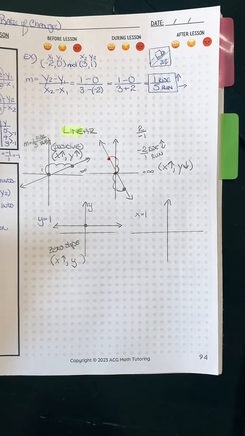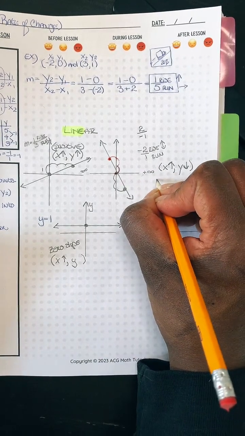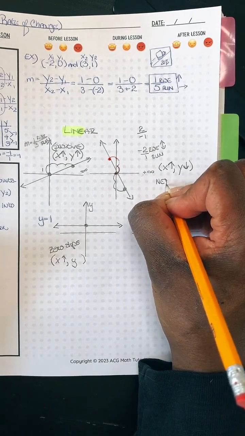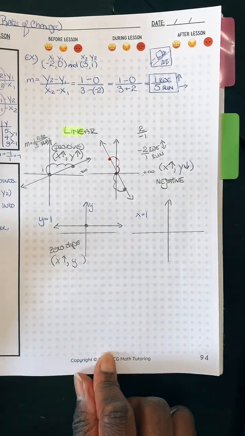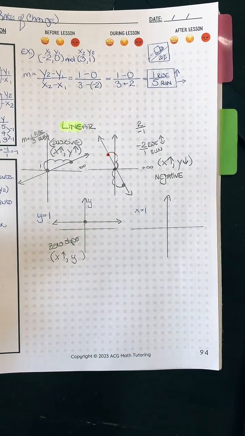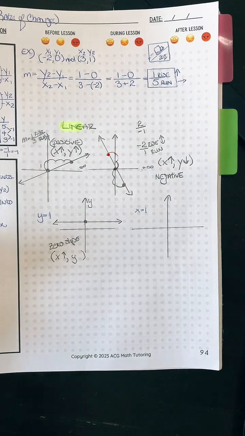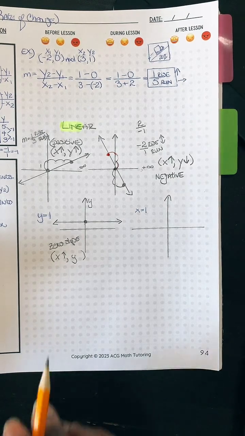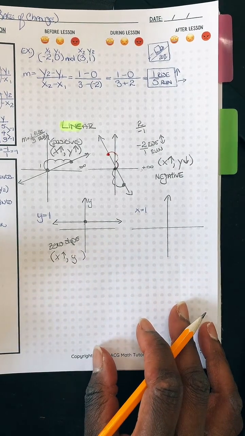Okay, so this is called a negative slope up here. I like to make sure that it's coming back to me. Thank you. Good. All right. So positive goes to the right, negative goes to the left.